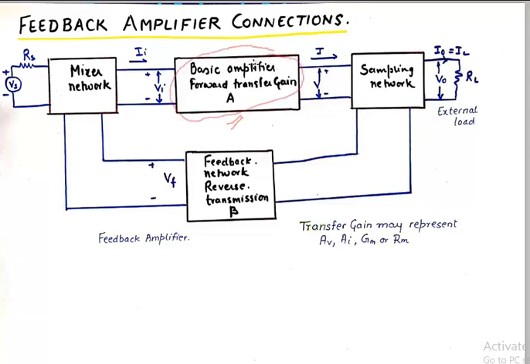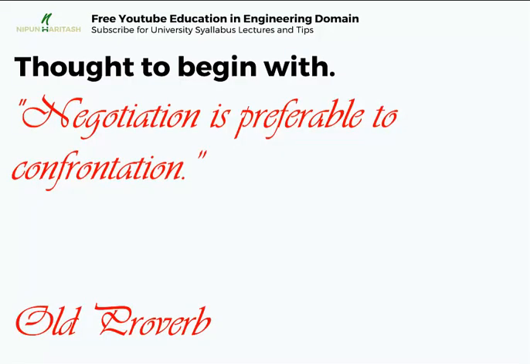So the basic amplifier, which has a forward transfer gain of A, will feature any of those four amplifiers. So it's supremely important to see that video first before you proceed on with this one. So if this is something that interests you, then please keep watching.